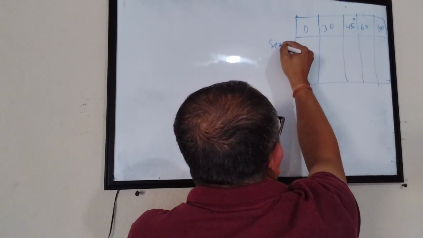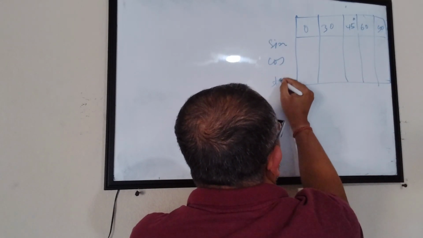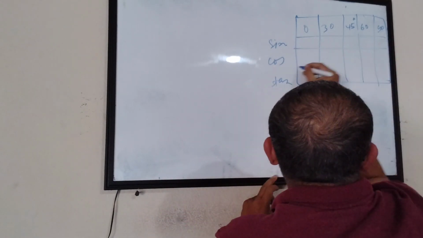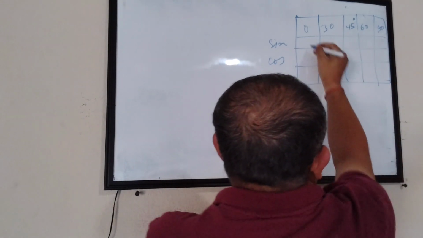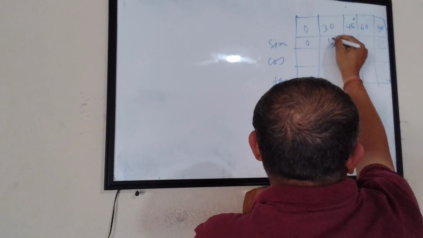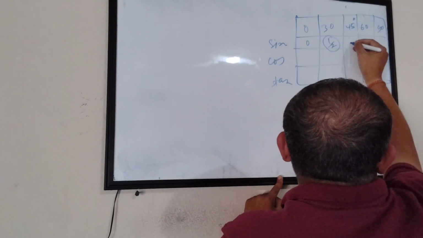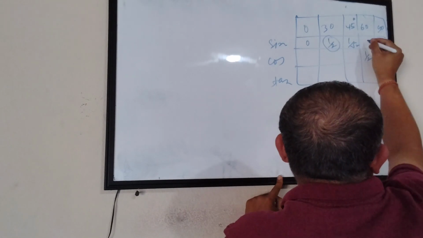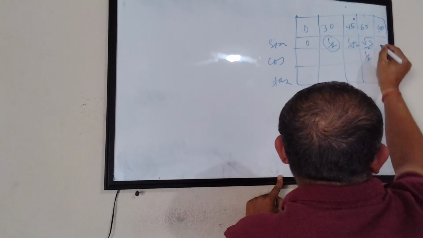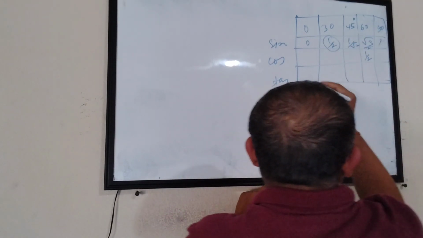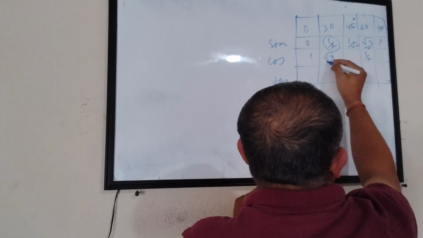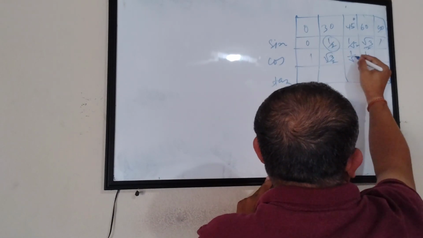So sine, cos, tan. See, this one is 0, 1 by 2. If we prove this one, then you will get this one also. This one we just proved, 1 by root 2. This is root 3 by 2, and this is 1. 1, root 3 by 2, 1 by root 2, 0.